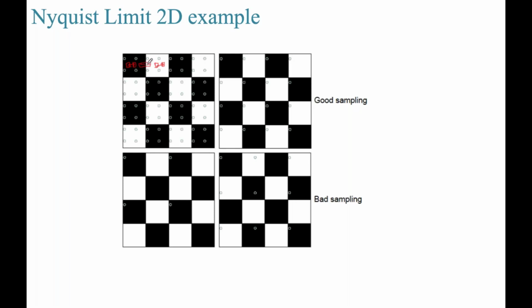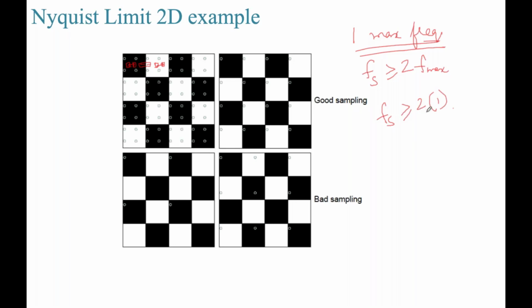Here, how many maximum frequency changes are there from black to white? Only one. So your sampling rate should be greater than or equal to 2 times this maximum frequency change, which is 1.